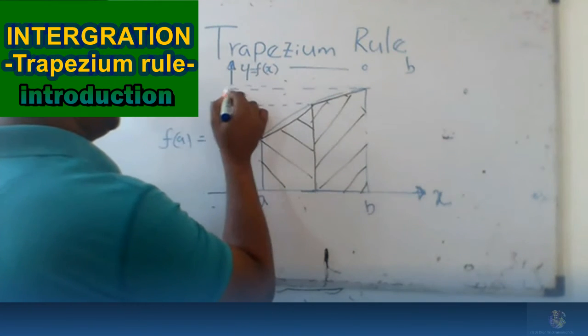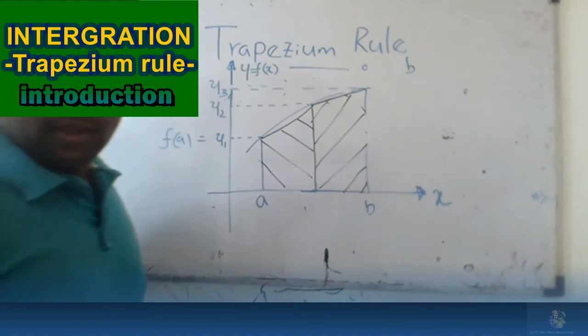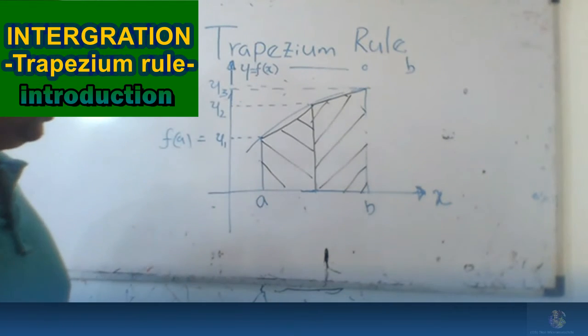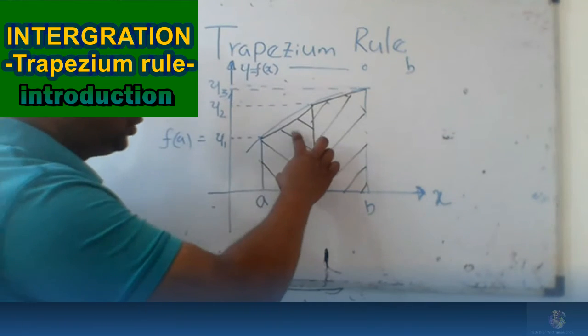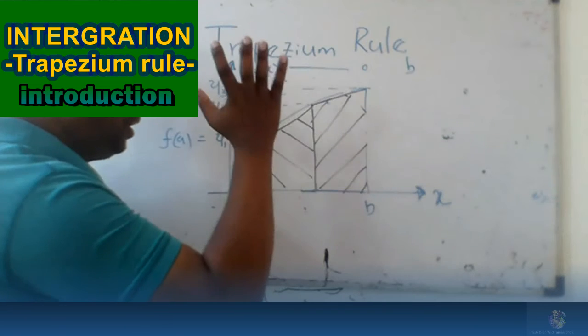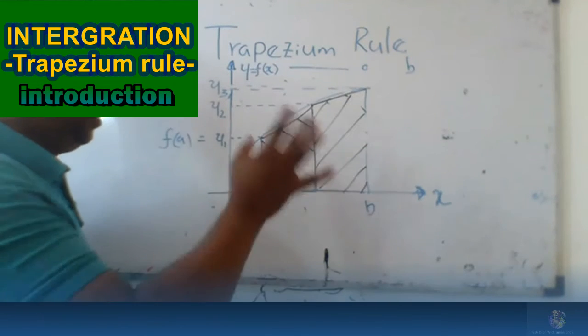This is y3. Now clearly you can see these two areas will cover the area under the graph.